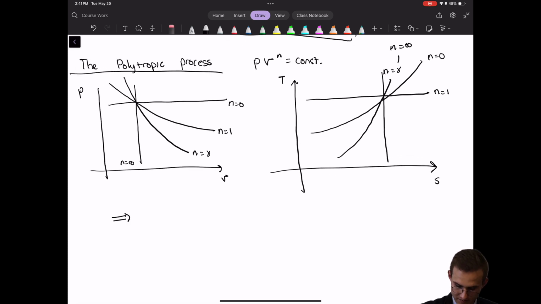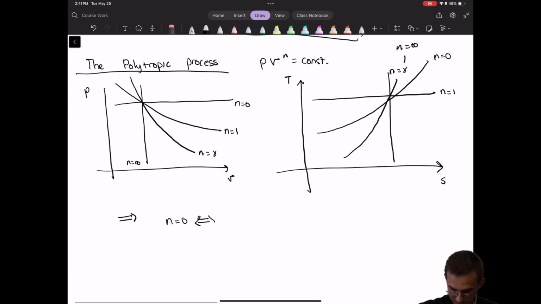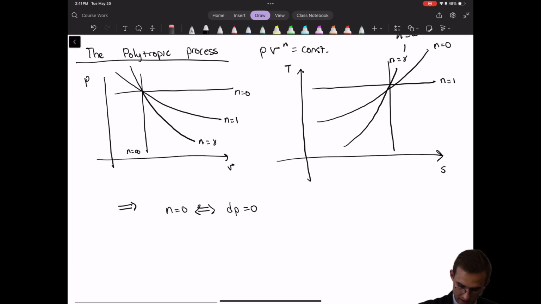So what do I mean by this? N equals 0 is your dP equals 0, right? Your isobar. N equals 1 is your T is constant, or dT equals 0.